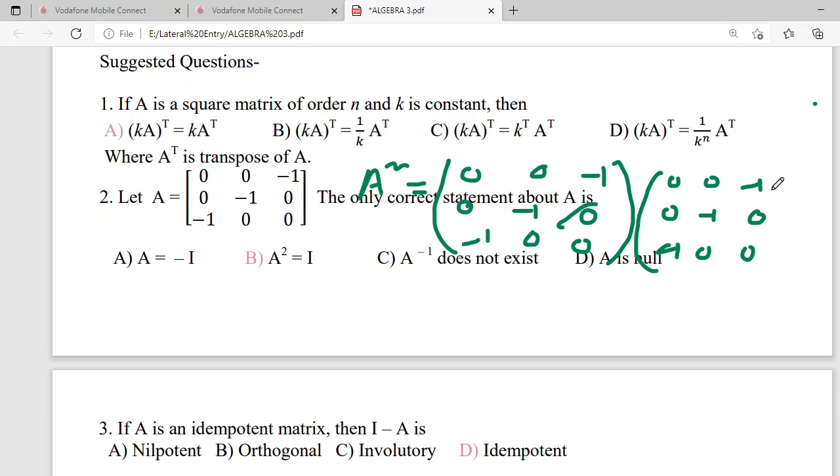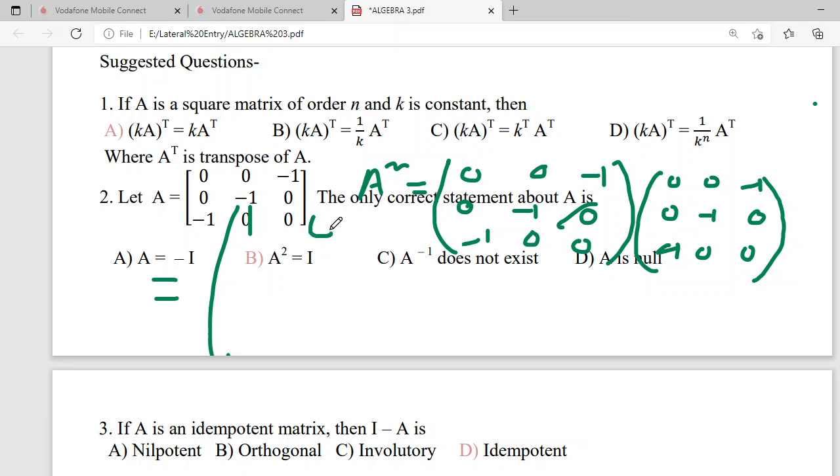So when you multiply, what do you do? This is 0 into 0, 0 into 0, minus 1 into minus 1. So the first element is 1. Then 0, 0, 0, 0, this is 0.